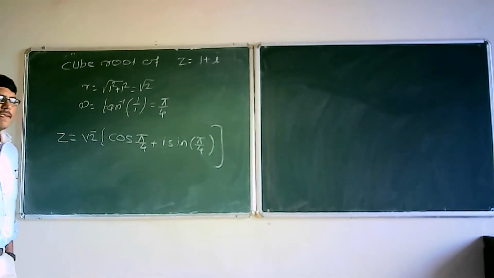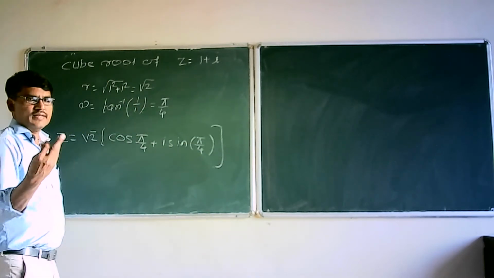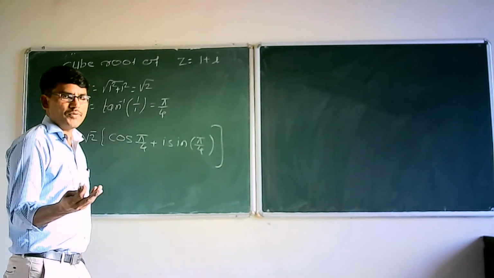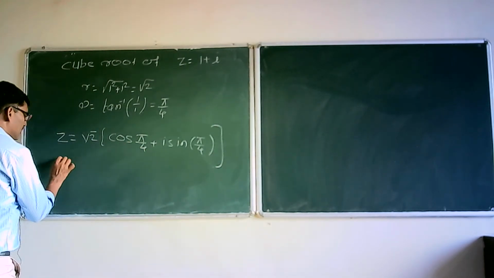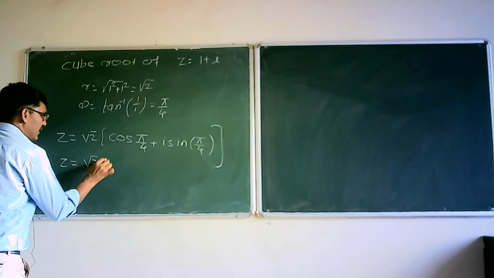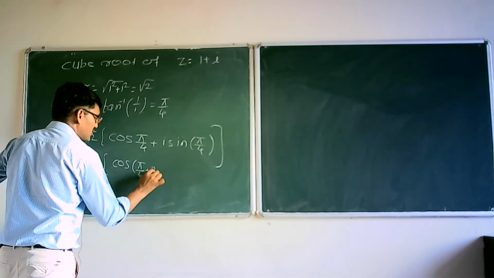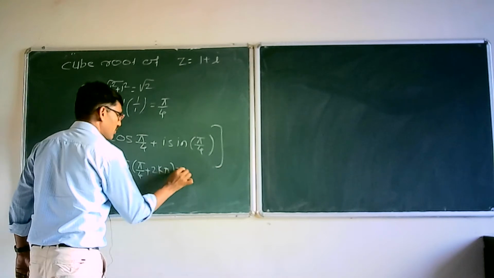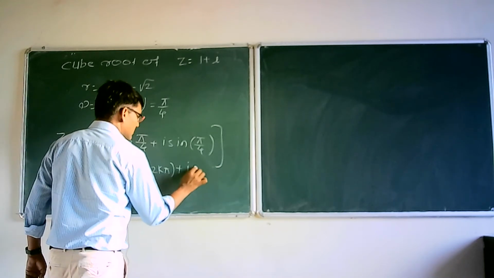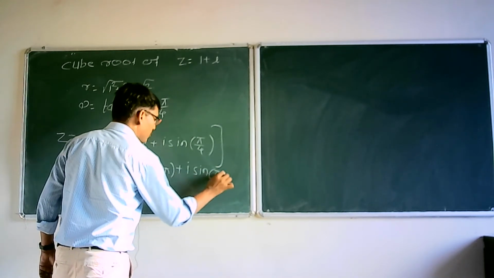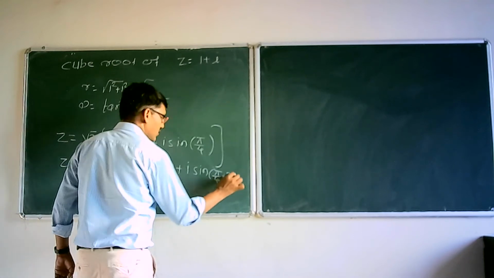Pi by 4. But here, since we want to determine the cube root of the given complex number, we can write this angle in general form, that is r times cos of pi by 4 plus 2k pi plus i times sin of pi by 4 plus 2k pi.